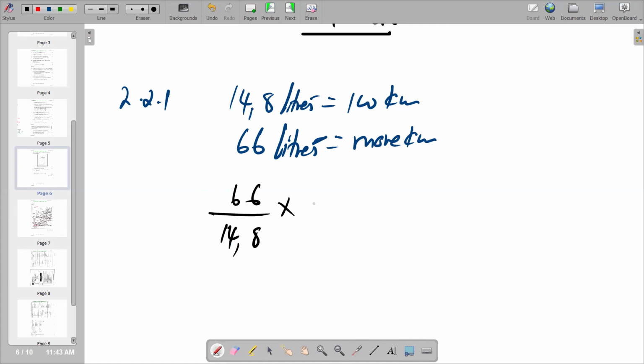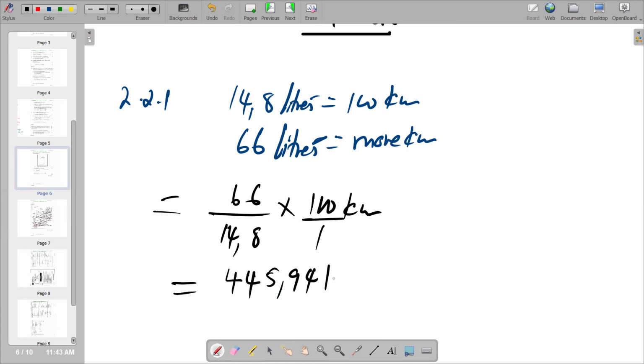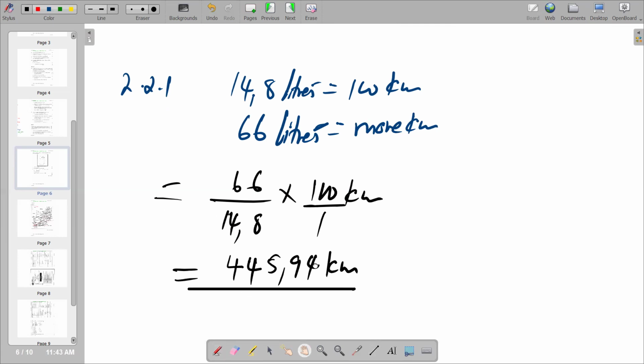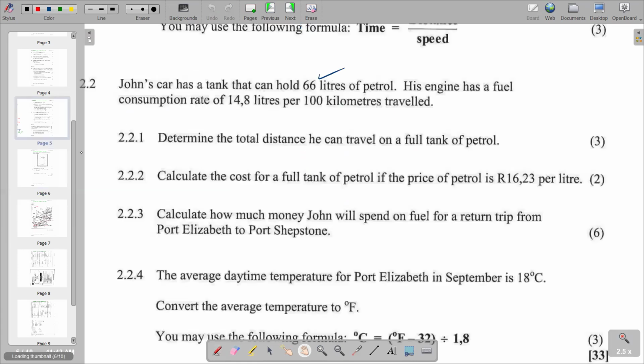We multiply by the given figure, 100 kilometers, and the answer has to be in kilometers. If we calculate it like that, the answer is 445.94 kilometers.